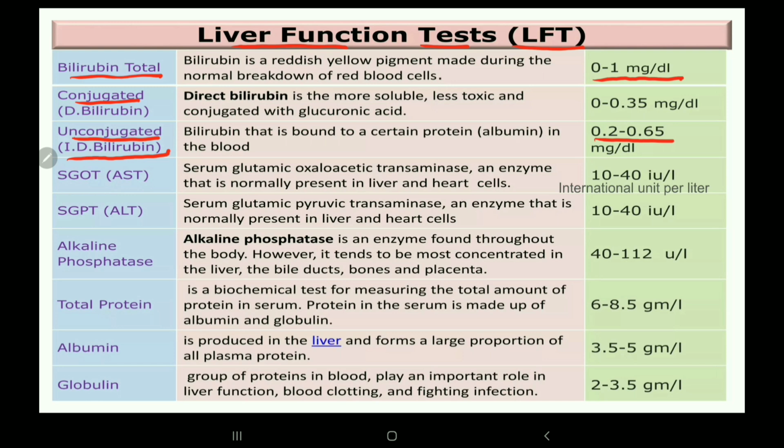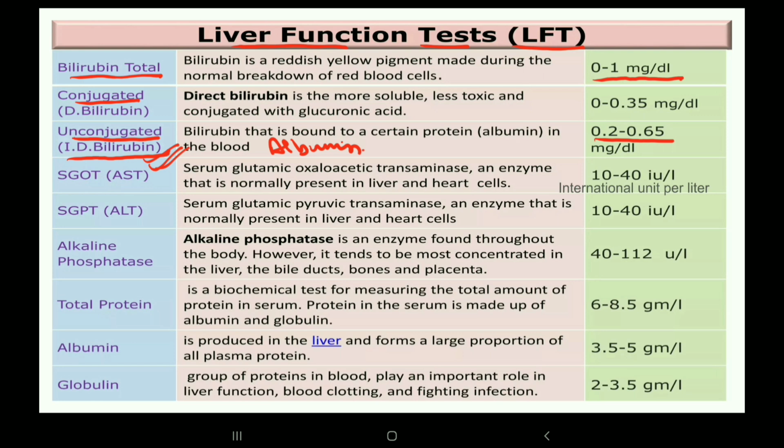Now, this bilirubin is insoluble in blood, so in order to circulate in the blood, it must be bound to albumin. Only then will it be able to go to the liver. Here the liver will make this insoluble bilirubin into water soluble with the help of enzymes so that it can be eliminated properly.